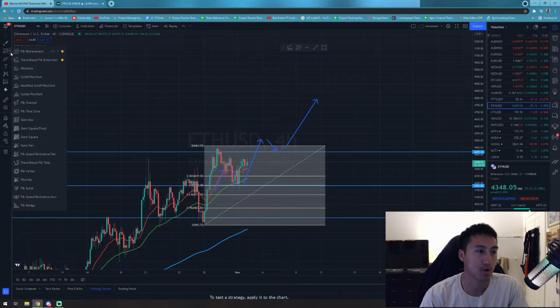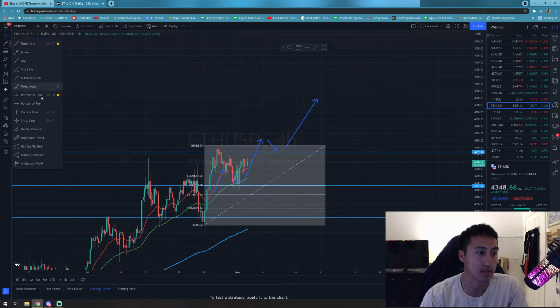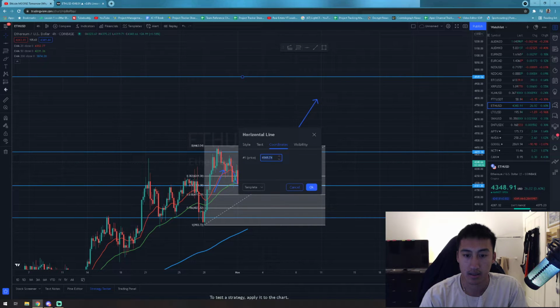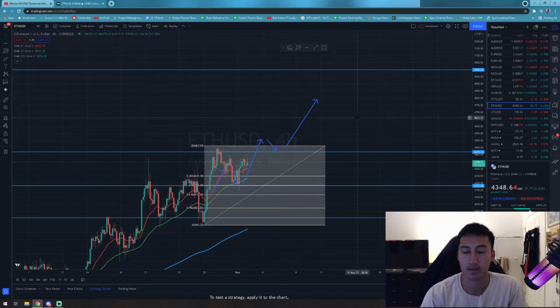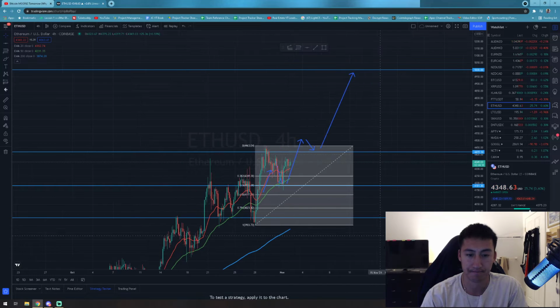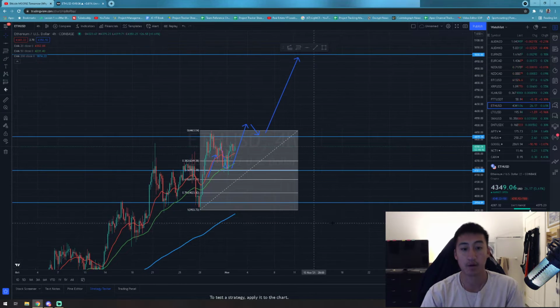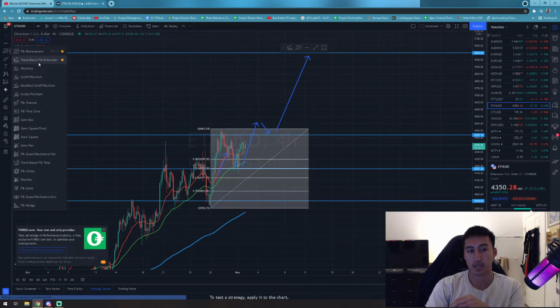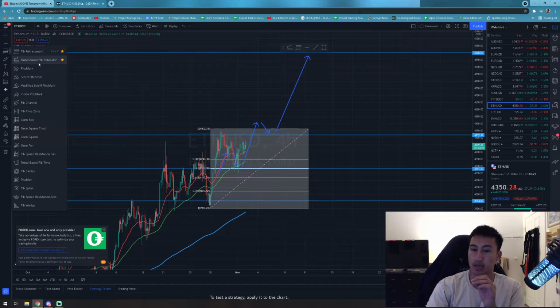So what I'm looking at here is my horizontal lines. Here we go. Settings, put 5,000. Boom, right there. All right, that's what I like to see. So if I were to draw my trend-based Fibonacci extension, and if you don't know what that is, it's pretty much an indicator.